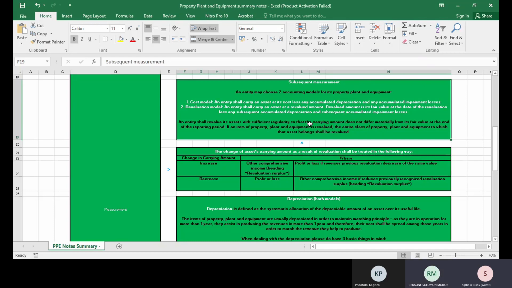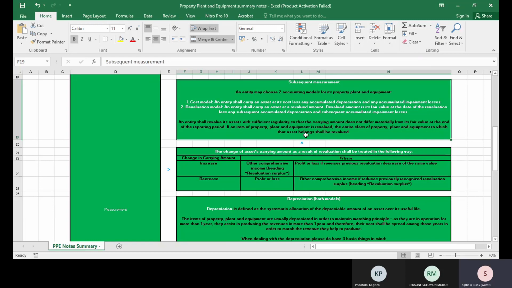An entity shall revalue its assets with sufficient regularity, so that the carrying amount does not differ materially from its fair value at the end of the reporting period. If an item of property, plant, and equipment is revalued, the entire class of property, plant, and equipment to which that asset belongs shall be revalued.